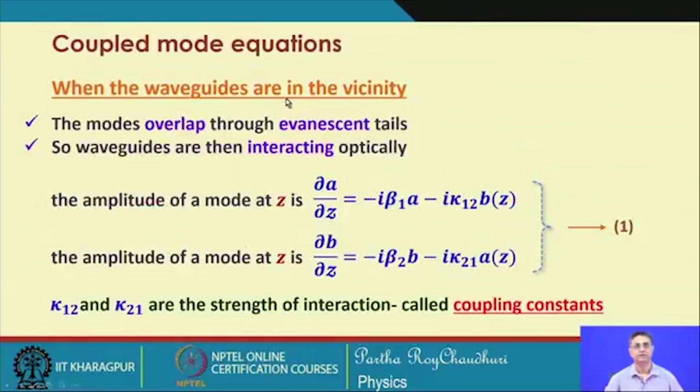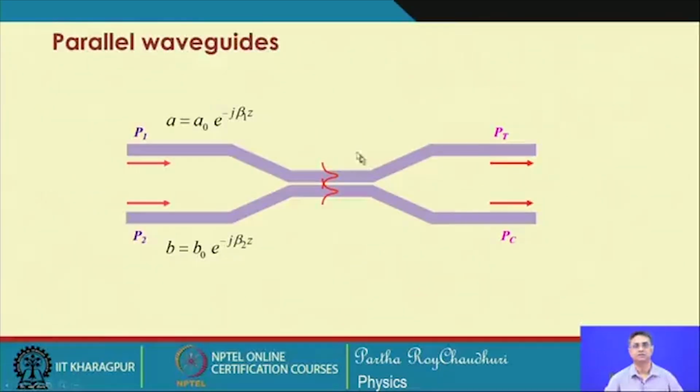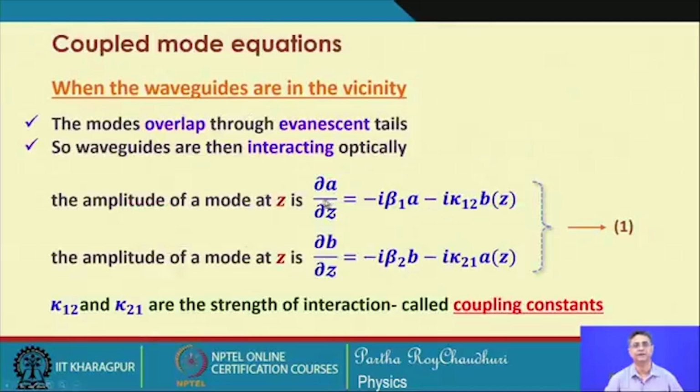When the waveguides are in the vicinity, that is, closely spaced, they are optically interacting, and the modes overlap through the evanescent tails. We have seen that. The result is that instead of dA/dz equal to minus i beta 1 A, you have one more term here, which is the interaction term.